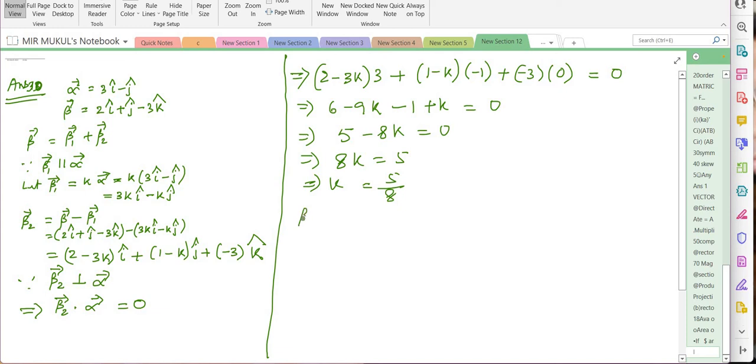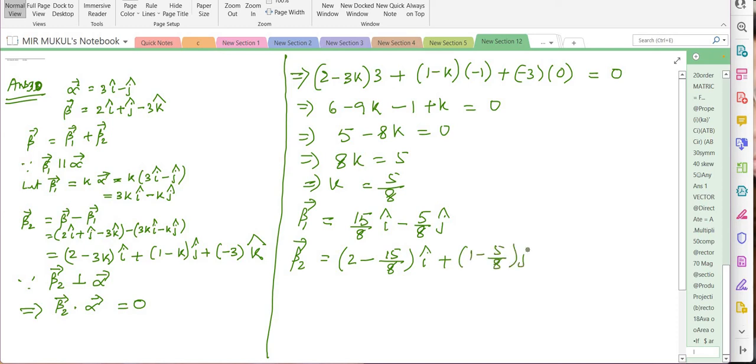Beta 1 will be, if we put the value of k, 15 by 8 i minus 5 by 8 j, and beta 2 we will get, if we put the value of k as 5 by 8, 2 minus 15 by 8 i plus 1 minus 5 by 8 j plus minus 3k.